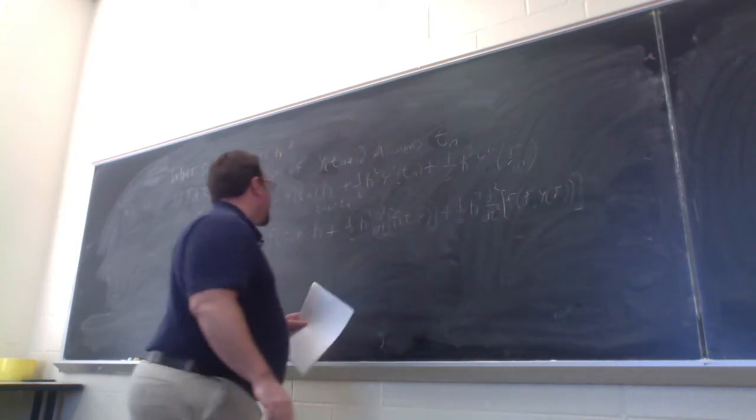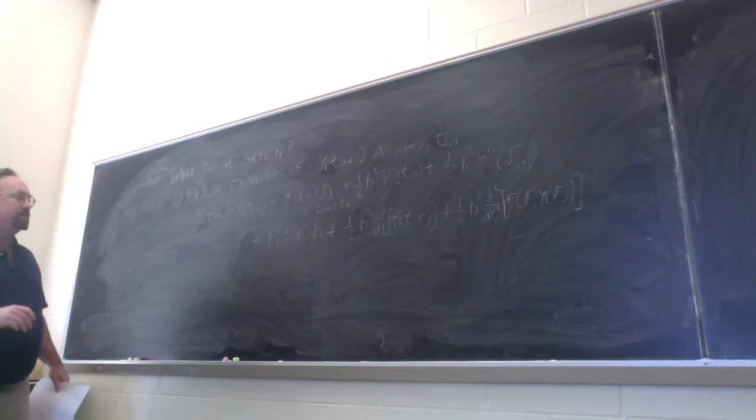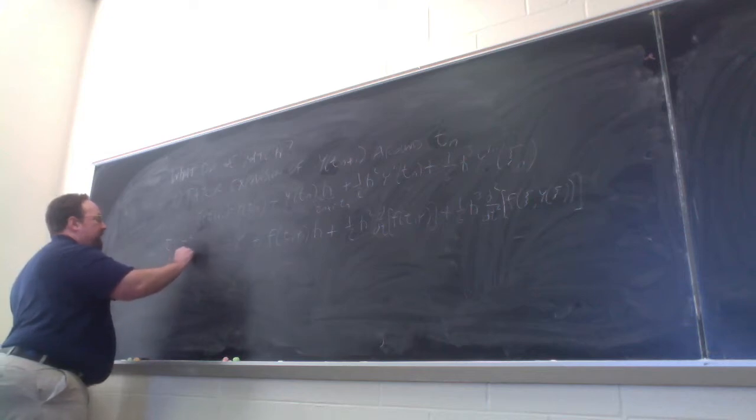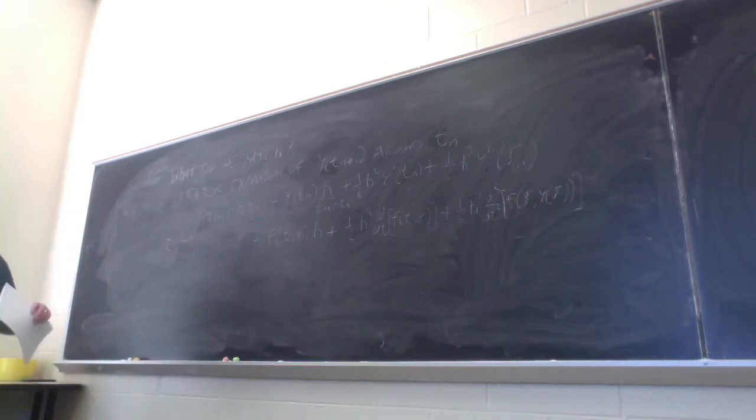Okay, so just to simplify things, instead of writing t_n all the time, I'm just writing t. Instead of writing y of t_n all the time, I'm just writing y. And that's just to simplify what I'm writing for the sake of matching up Taylor expansions. In other words, I'm giving myself license to be a little bit lazy.